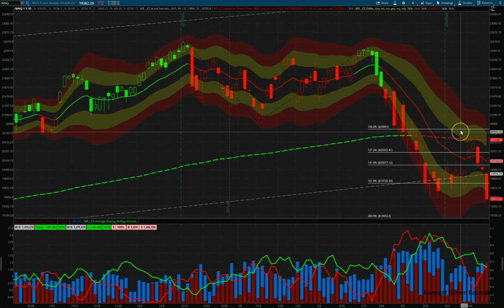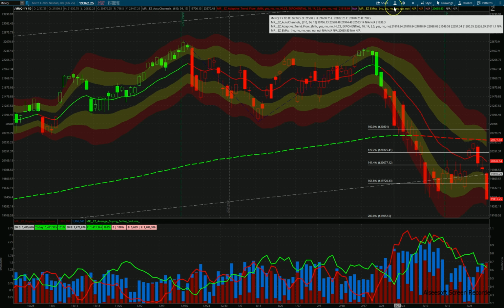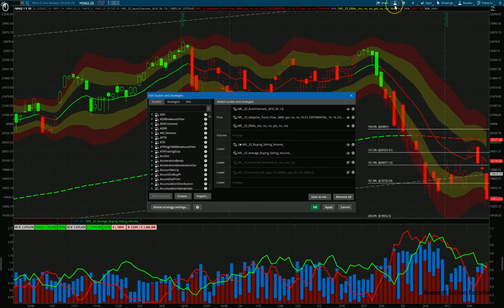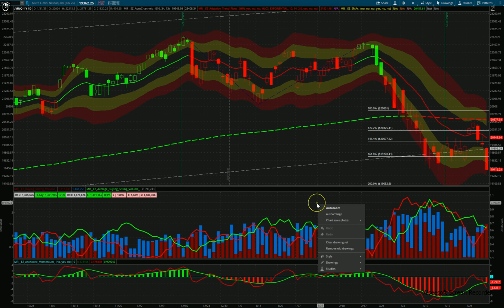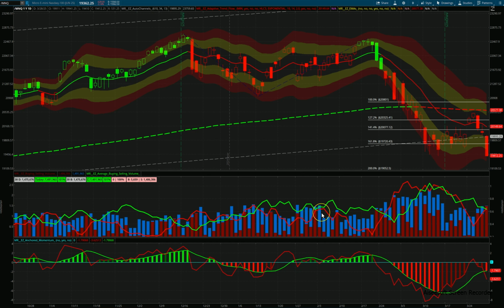Okay, let's go back up, see what we had next. Anchored momentum. Thanks to Lazy Bear, came up with this one. I think it's a great tool. It's just auto arrange. Okay.